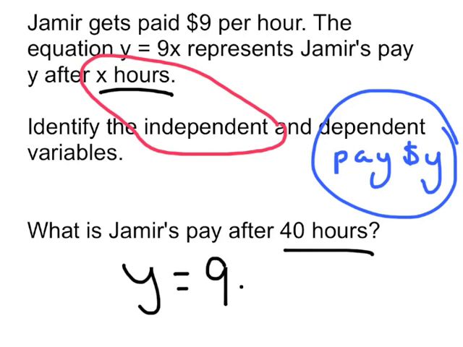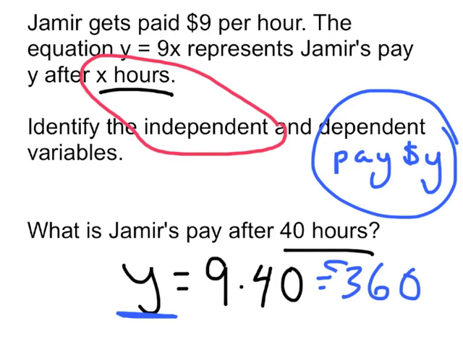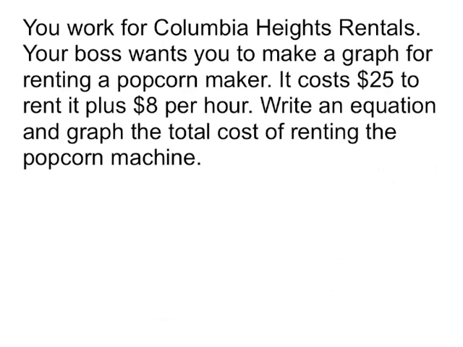We change that x to 40. Pay here in the y equals 9 times 40. His pay is 9 times 40, or $360. The y is $360.